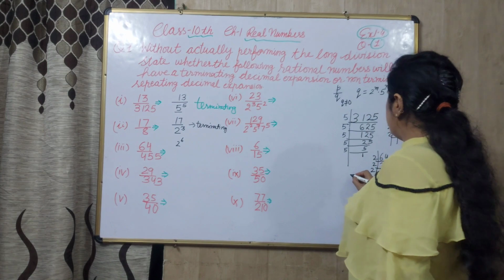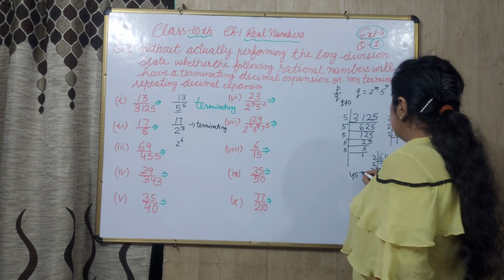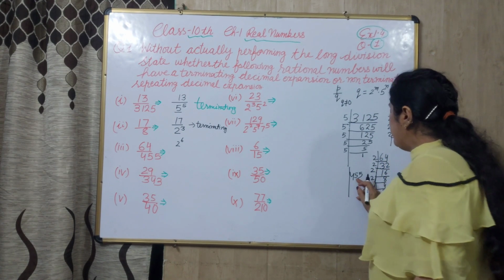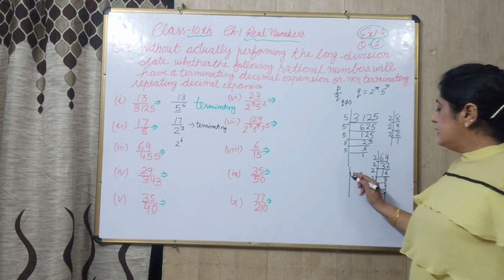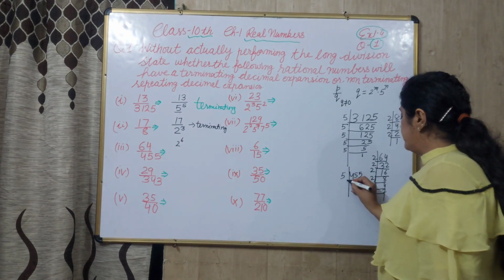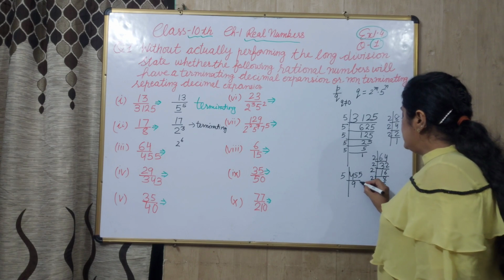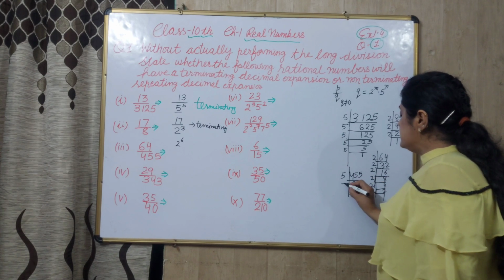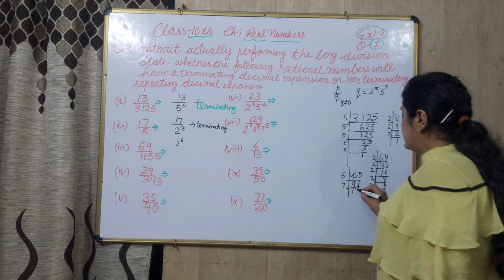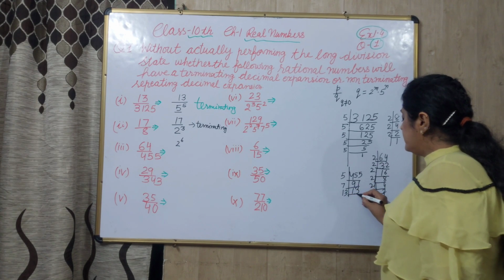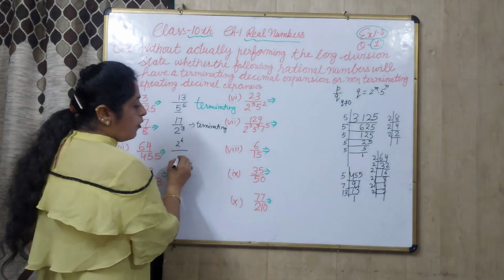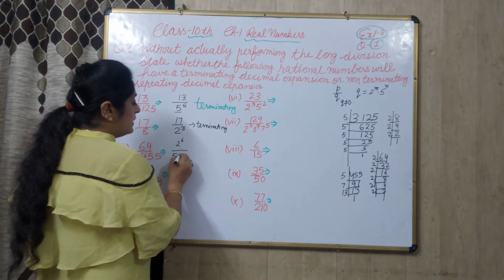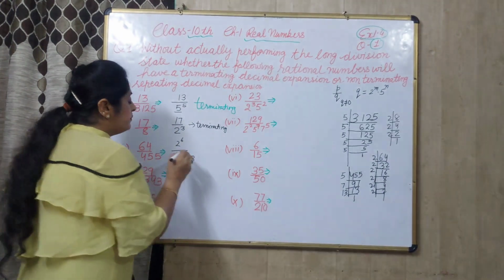Now 455. It is not divisible by 3. It will be divisible by 5. 5 9s are 45 and 5 1s are 5. Then it is divisible by 7, and 13. Again divide by 13. Our Q will be in the form of 5, 7 and 13.